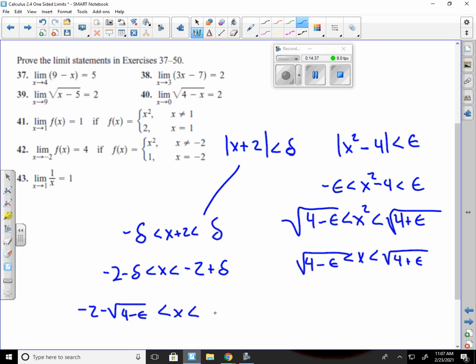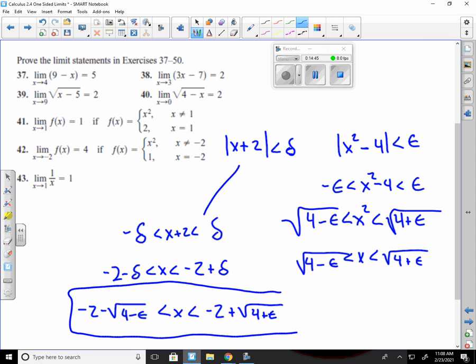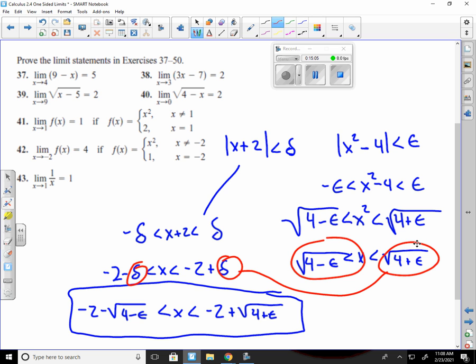Negative 2 plus delta, so that'd be negative 2 plus the square root of 4 plus epsilon. And now I'm done. So just remember to keep plugging your lower value from here into the lower side of this, and then the higher side into the higher side here.